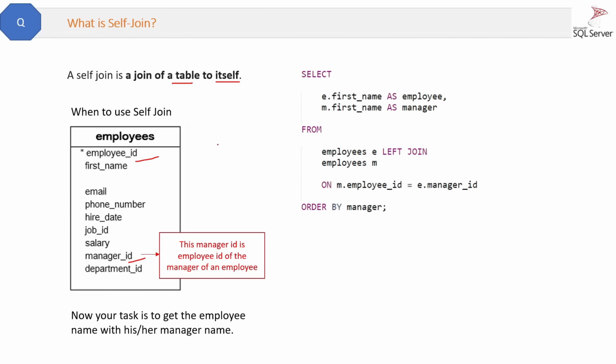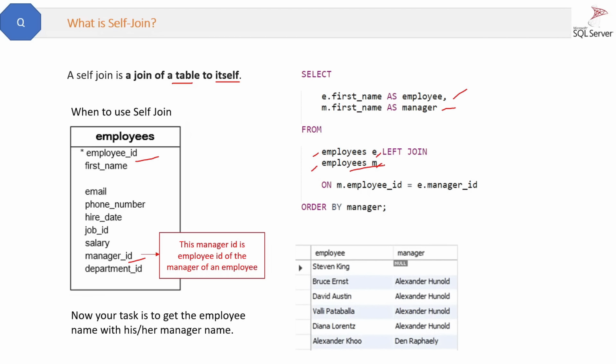See, here we are left joining the employees table with the employees table only. So this is self join. We are using different aliases, one is E, one is M, so that we can identify the difference. So if we self join like this, then we will get E dot first name as employee, which we'll get from the first table, and M dot first name as manager, which we will get from the second alias from here.